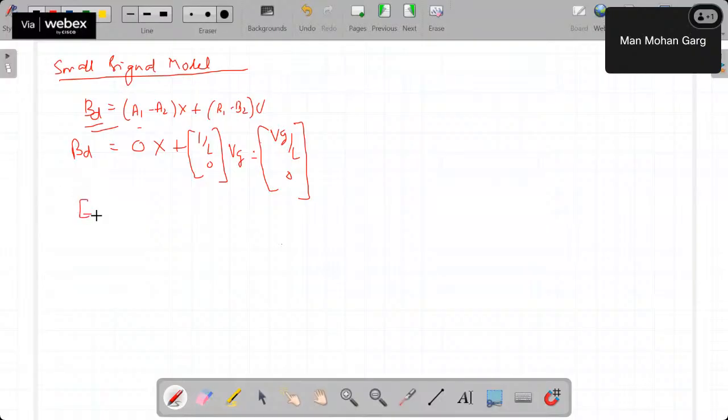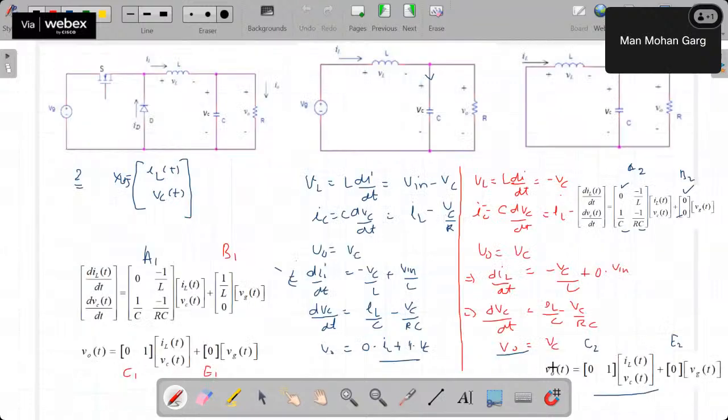What about ED? ED is (C1 minus C2) X plus (E1 minus E2) U, right? But in this slide, we have seen that C1 and C2 are both the same.